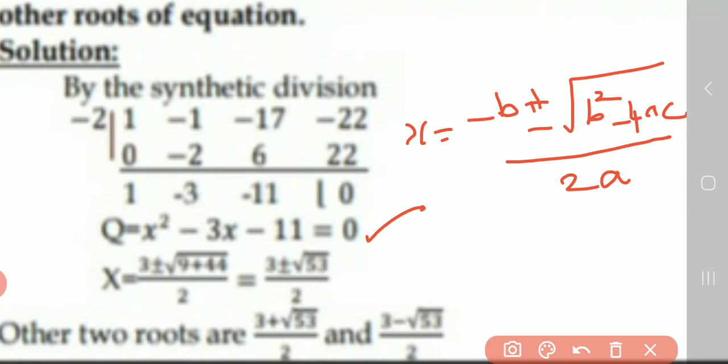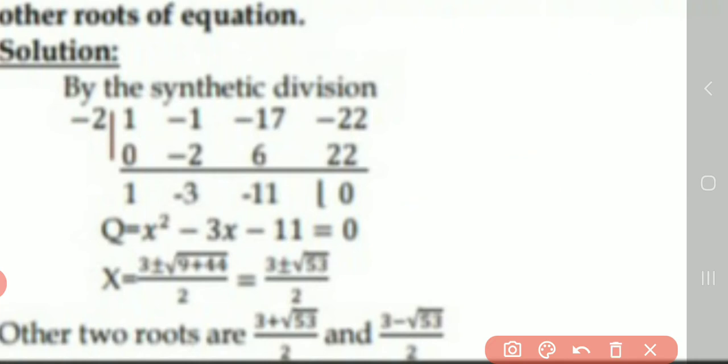By using this, here a is 1, b is −3, c is −11. Substitute in that formula and you will get the value of x. Here the plus or minus is there, so the plus symbol gives one value and the minus symbol gives the other, so we got two values. Already one root is given, so totally 3 roots are there, since the given polynomial is of order 3.